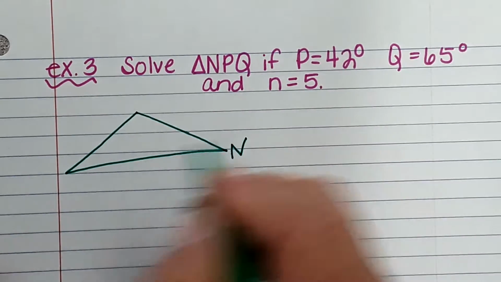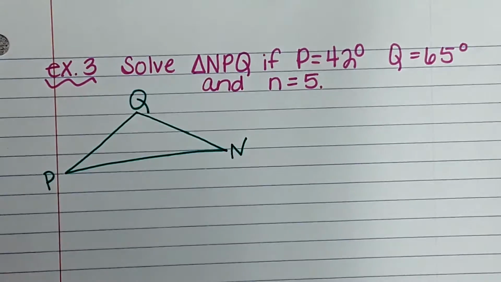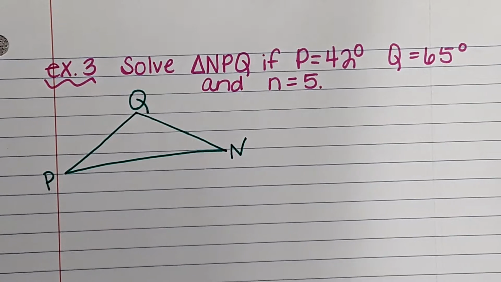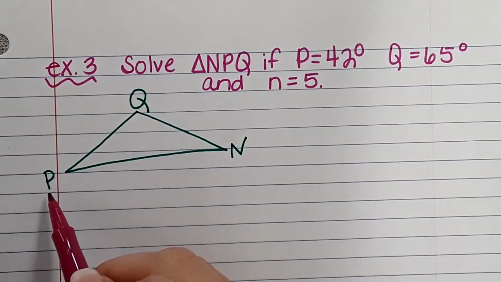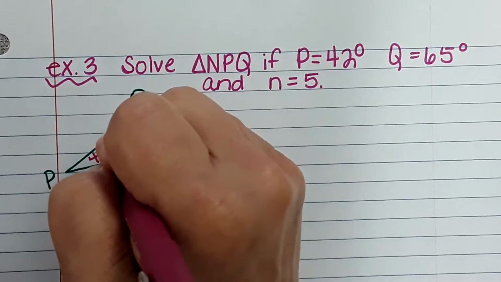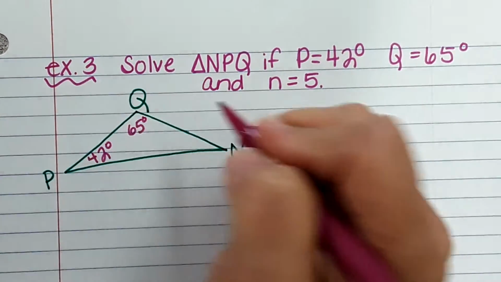I'm going to make it N, P, Q. Now we're going to fill in the triangle with what we know. So what is angle P? 42. What is angle Q? And what is angle N?